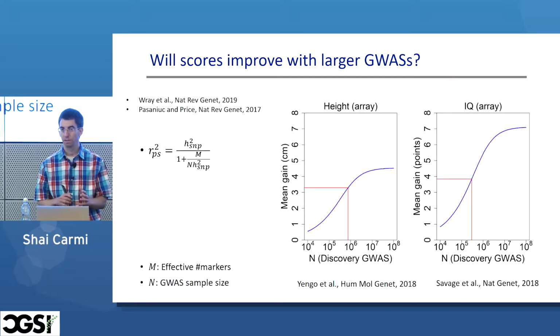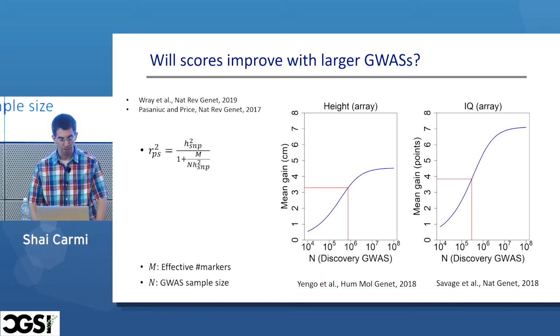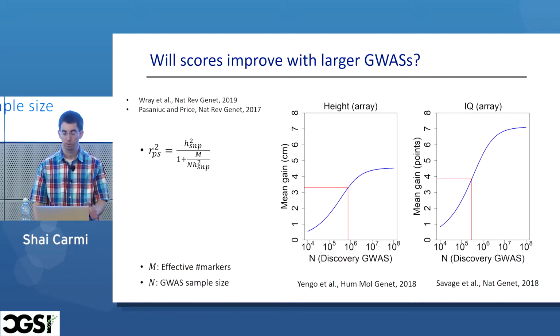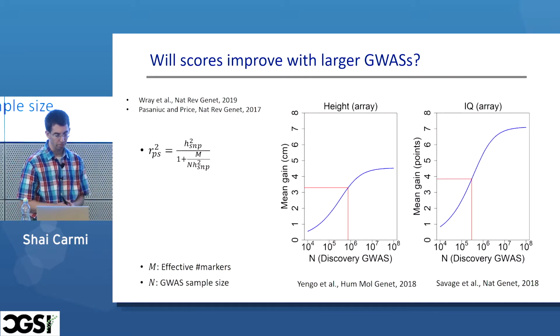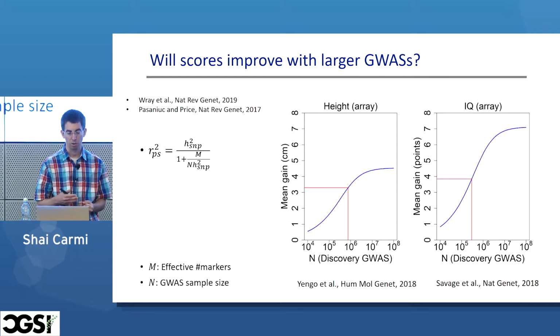We can also say something about what we expect to happen when GWASs increase in size. There is a formula, which also appears in Bogdan's paper, for the expected accuracy of the polygenic score, given the effective number of markers on the chip and the GWAS sample size.